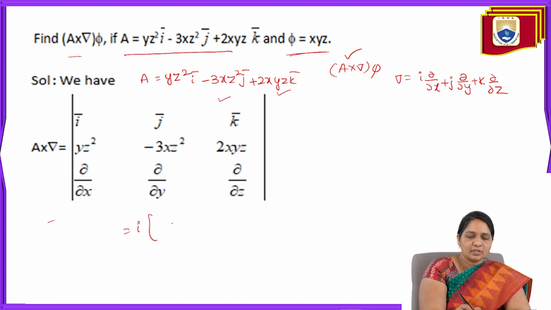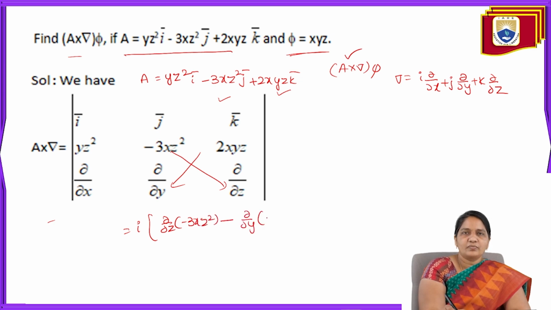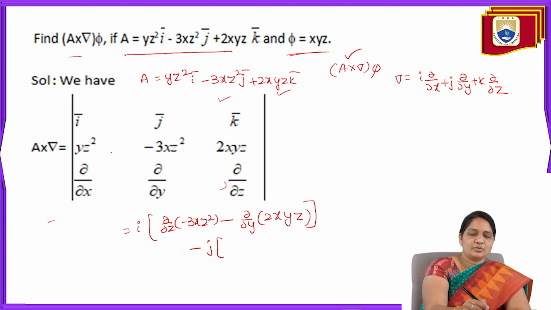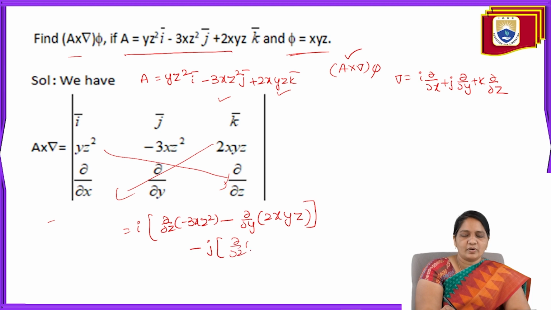For i, when you are doing the cross product: ∂/∂z of minus 3xz² minus ∂/∂y of 2xyz. This is the first term. Next, minus j into ∂/∂z of yz² minus ∂/∂x of 2xyz.